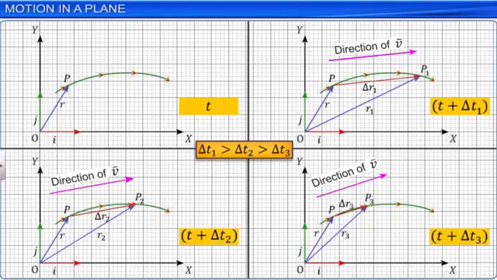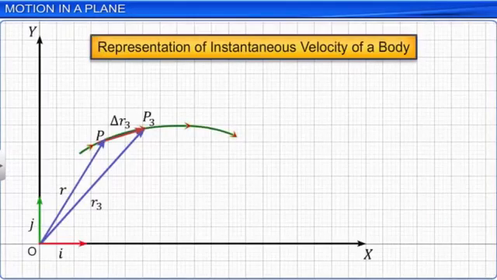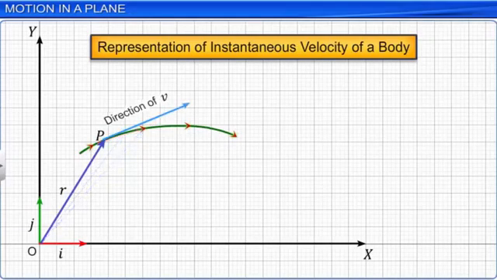As delta t tends to 0, delta r tends to 0 and becomes tangential to the path at point P. The direction of velocity at any point on the path is tangential to the path at that point and in the same direction as that of motion. We can write the velocity vector v in the component form as shown here.